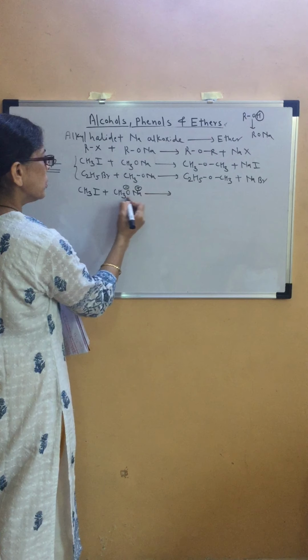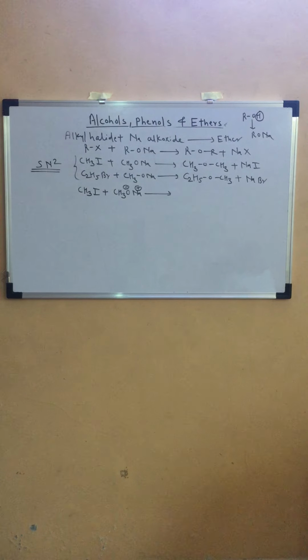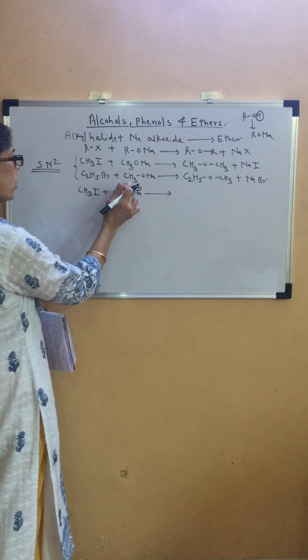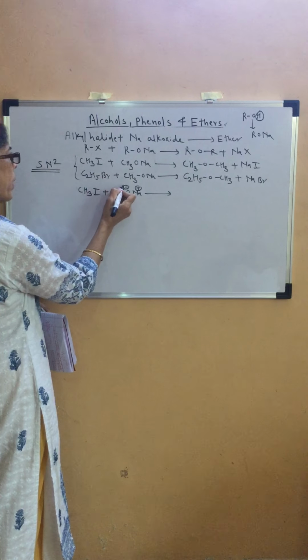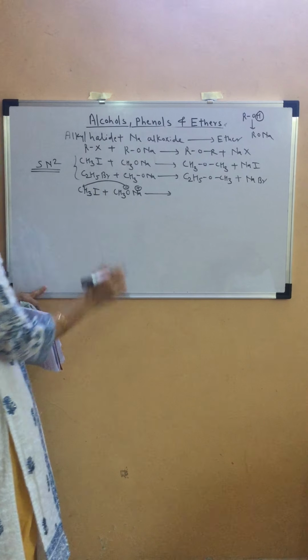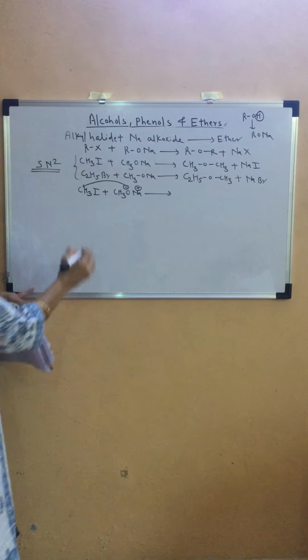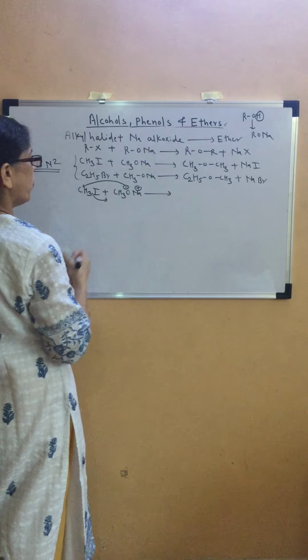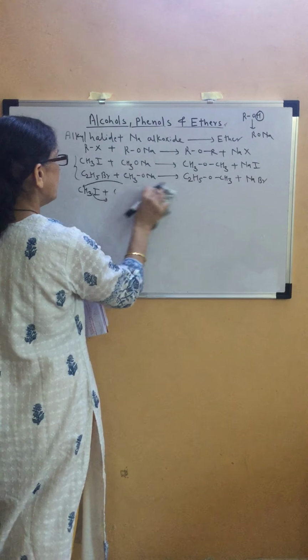This is the nucleophilic reagent, CH3O minus, isn't it? So this is going to attack the carbon atom, the substrate, and I minus will leave. So this will attack from backside.